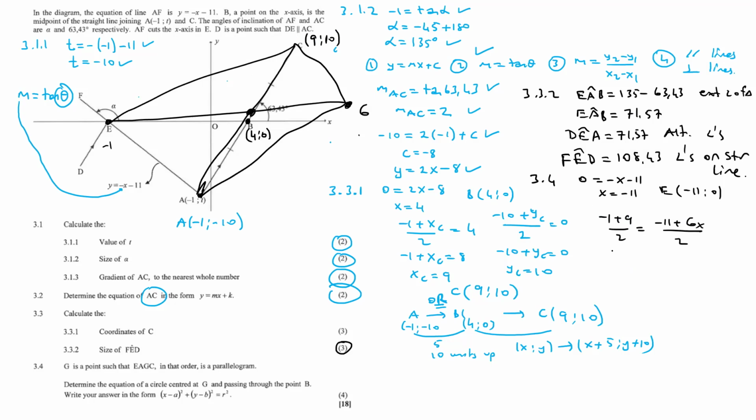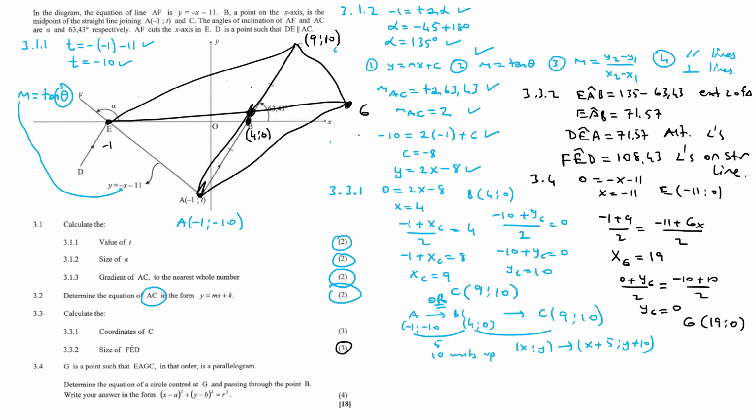From this, xG will be equal to 8 plus 11, which is 19. So we just got the x coordinate. And then how do you get the y coordinate? 0 plus yG over 2 must give us negative 10 plus 10 over 2. From this, yG is equal to 0. The coordinates of G are 19 and 0.